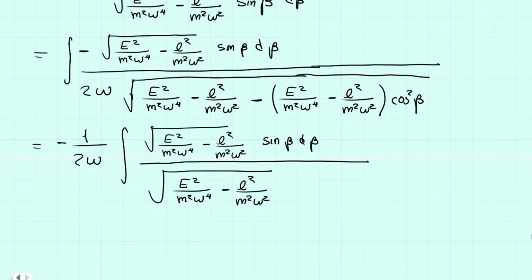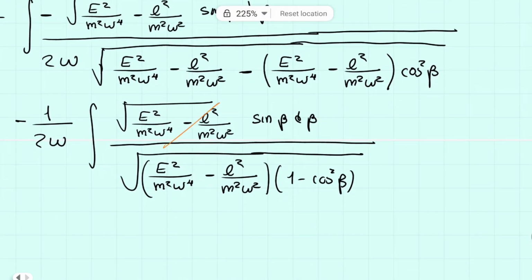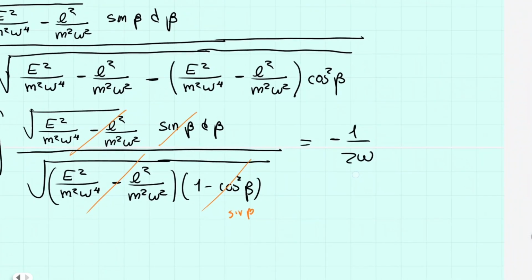And we're going to take it as a common factor. This will multiply 1 minus cosine squared beta. Okay, and as you can notice, sine beta cancels with this term here because this is sine beta. And we get that this is negative 1 over 2 omega of the integral of d beta.